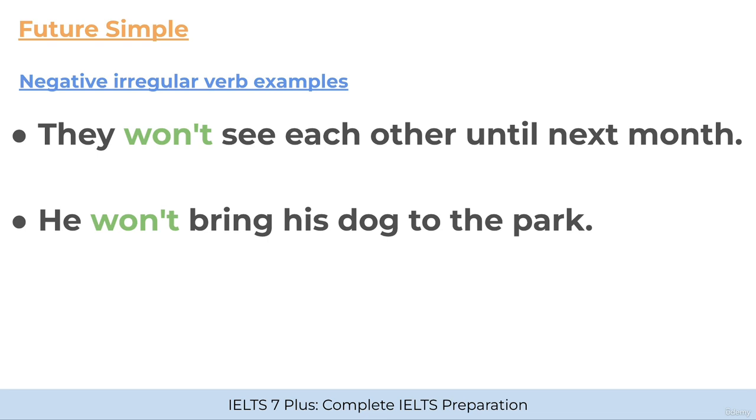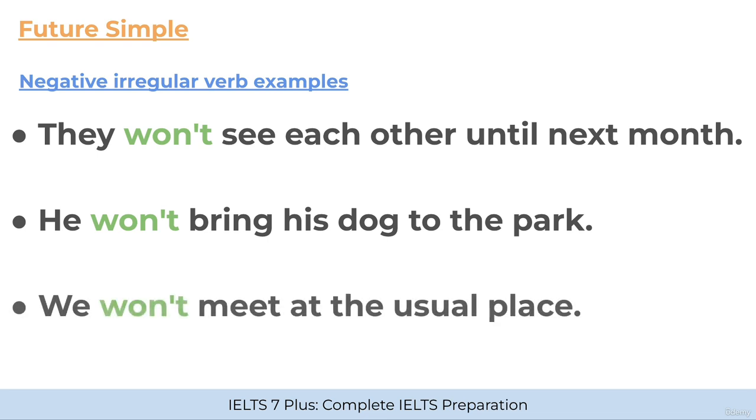He won't bring his dog to the park. We won't meet at the usual place. Right, so those verbs see, bring and meet are all irregular, and you keep them in your base form just like you do with the regular verbs, and you use that will not contracted form there as well.